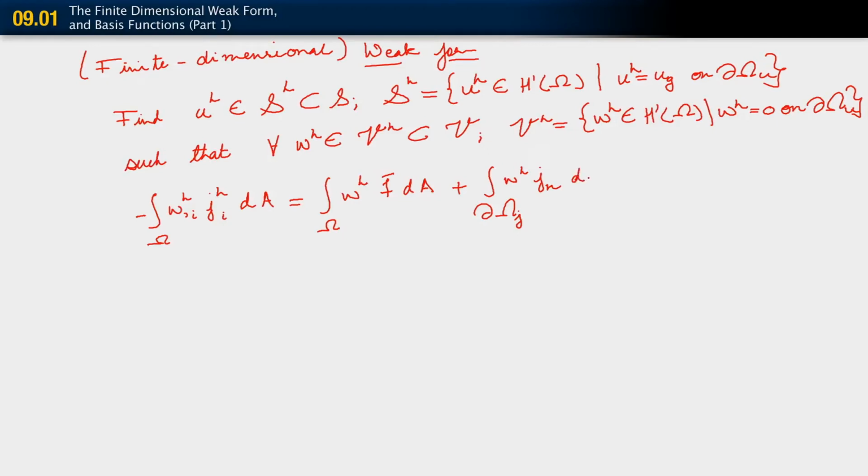Okay, now we need to be a little careful here. In 2 dimensions, the boundary is a curve. Okay, so the boundary integral here I'm going to write as ds, all right, where for us s is now a curve. Okay, ds is the elemental curve.